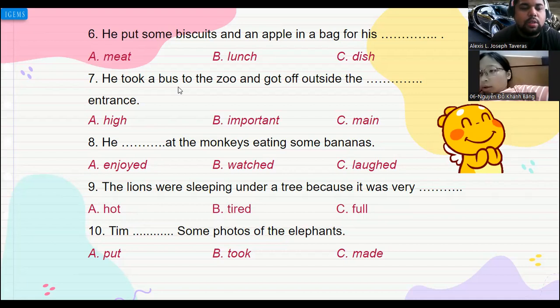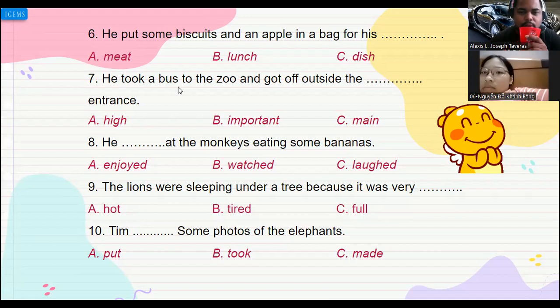He enjoyed it. Okay, the lions were sleeping under a tree because it was very tired. He took some photos of the elephants. The answers were A, put, B, took, and C, made.